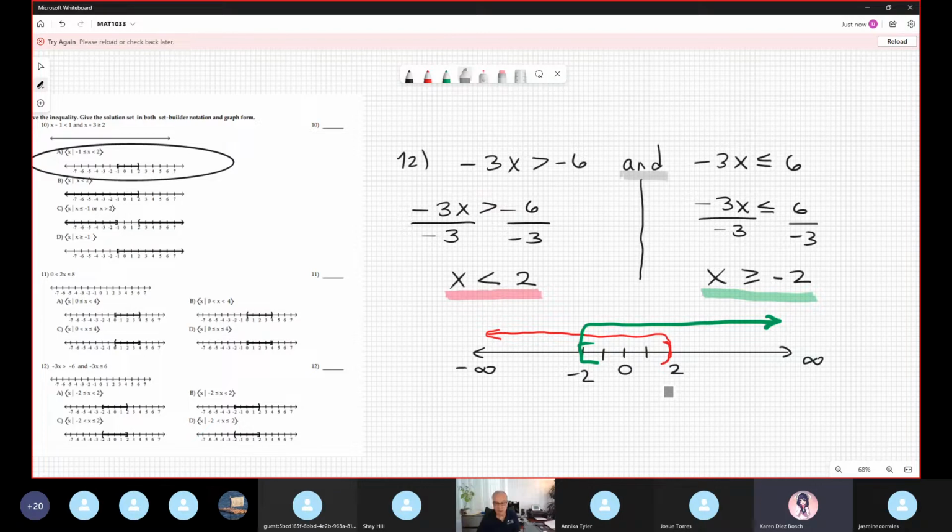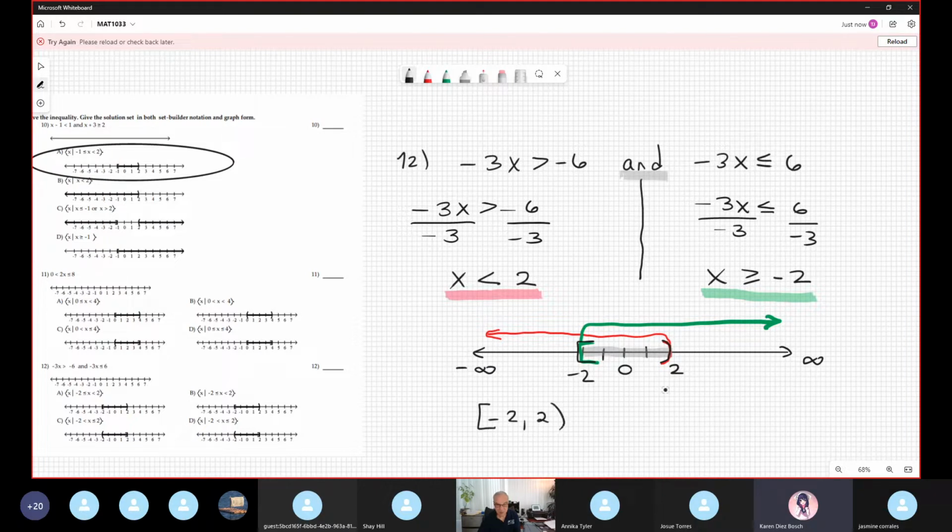It's the part in which the red interval and the green interval touch, share. It's obvious, in my opinion. Of course, bracket here and parenthesis here. The solution is bracket negative 2, comma 2.